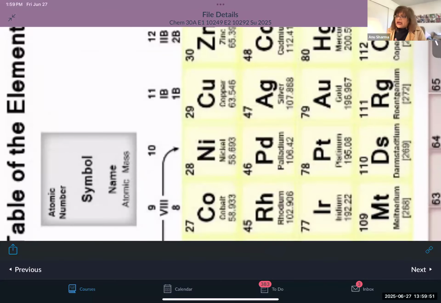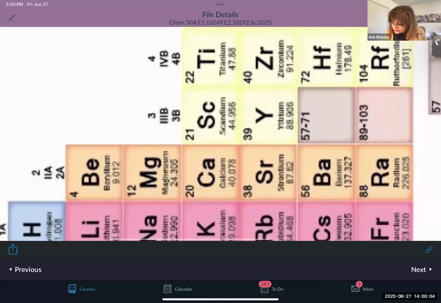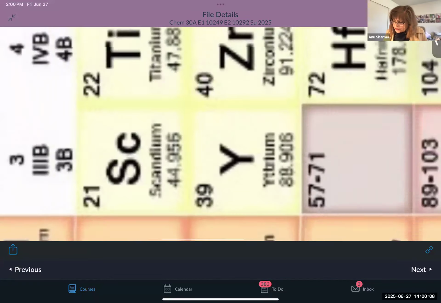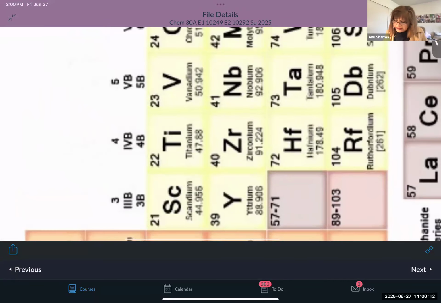And now we are looking at the 4d7. So fourth column, 1, 2, 3, 4. 4d will be starting where it says Y. This energy level we are looking at, 4d. D is the D block.